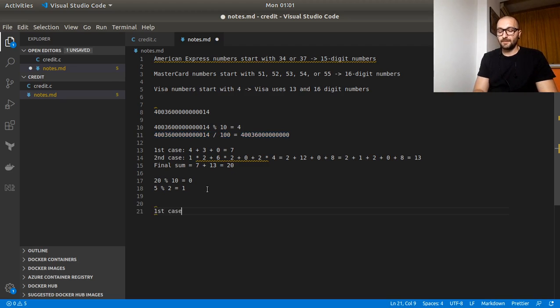So then for the first case, we would need to iterate through the CC number, and then we would need to use modulo to get the last digit.